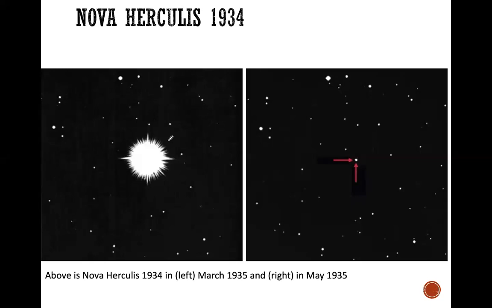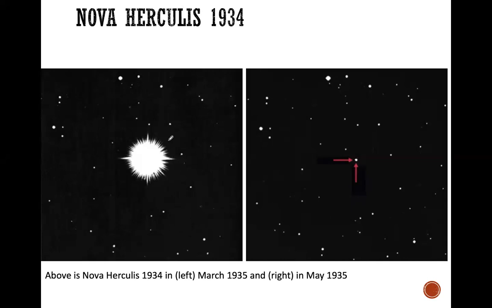Right? So there are examples of observations of these novas, and this is from 1934 and 1935, that astronomers observed this particular nova, which is named Nova Hercules, right?